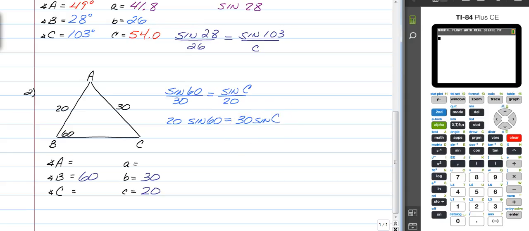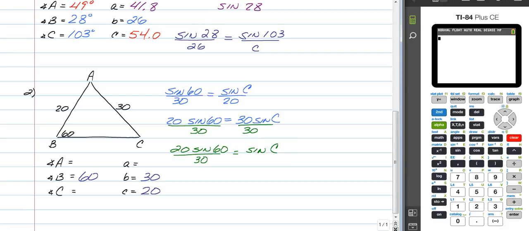But if we're going to solve for C, we need to divide both sides by 30. And then that's going to give us 20 sine 60 divided by 30 is equal to the sine of C. Now remember, when we're finding an angle, we have to use inverse trig.